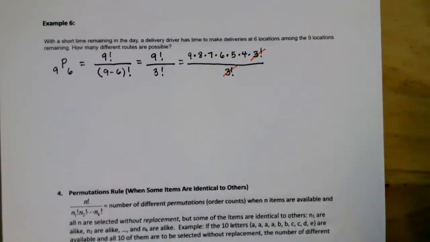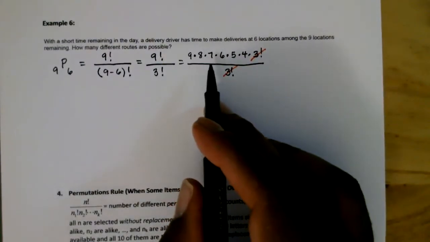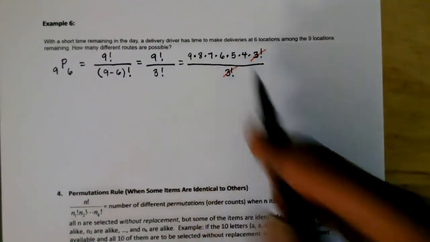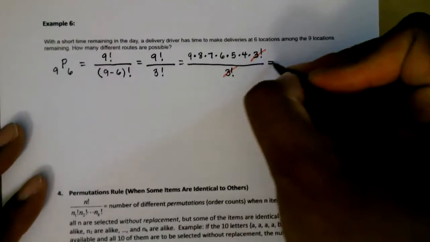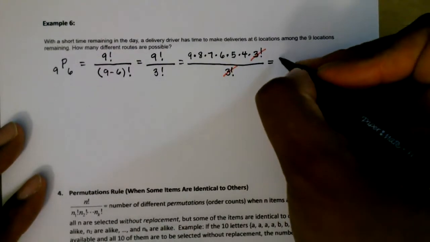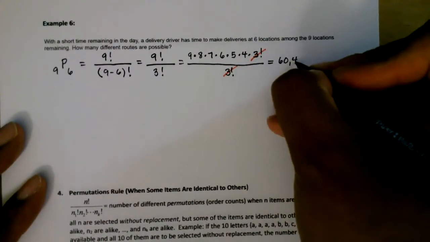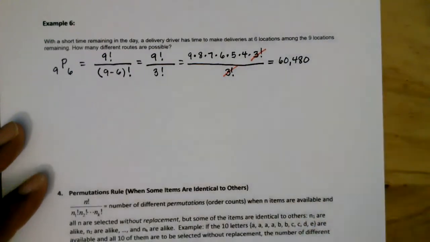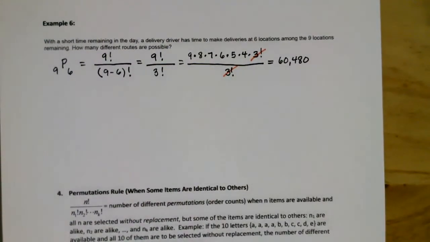And that will leave me with 9 times 8 times 7 times 6 times 5 times 4. Multiply all that out, you'll get 60,480. Now, the question just says how many different routes are possible. So we ended at 60,480. That would be the number of possible different routes for this delivery driver.